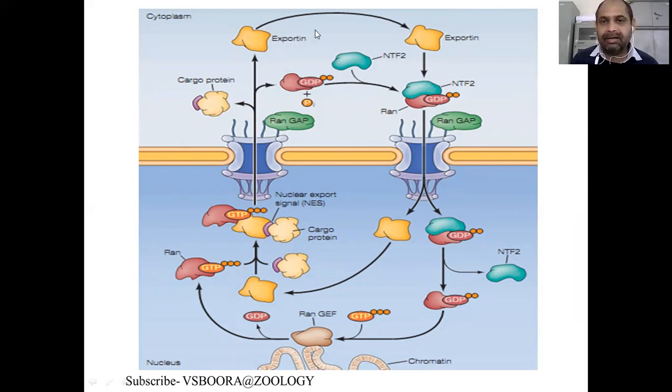The exportin is reutilized, and RAN is imported again with the help of NTF2, the importin molecule. This binds with RAN GTP, and again such a complex is imported into the nucleoplasm. RAN GTP is activated again with the help of RAN GEF, replacing GDP with GTP molecules.